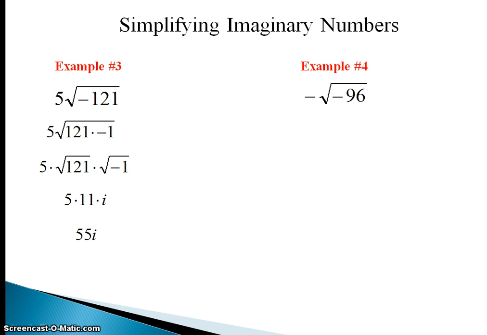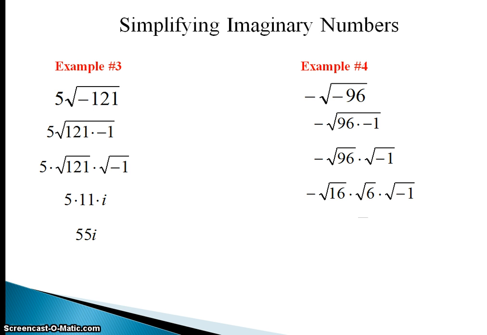Our last example in this area is the negative square root of -96. We're going to factor out -1, break up the radicals, and then factor 96. It turns out that the largest perfect square with 96 is 16, and those two factors are 16 and 6.